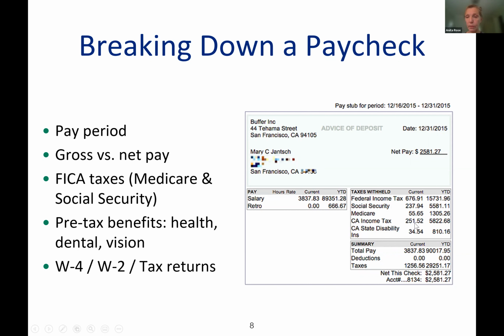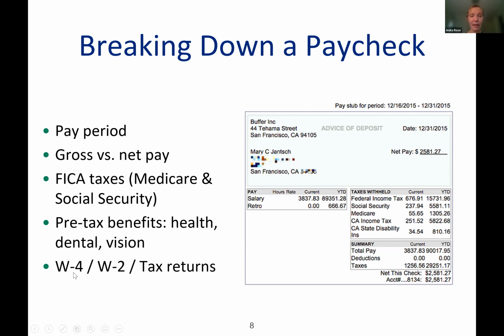Those look like another almost $300 a month in California taxes. We're in Florida, so we don't have Florida state tax, which is a good thing for us, right? So we bring home a little bit more money in our paycheck for spending and saving.